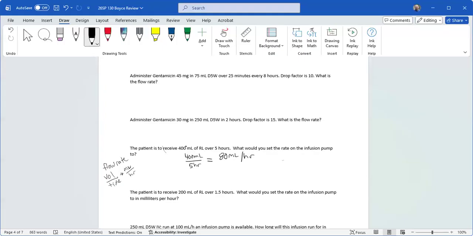So you don't need to calculate per minute. You don't need to make any other conversions. You're not going to have to worry about doing anything with ounces or cups or even solving for how many milliliters to administer. You just want to know what you're programming into the pump so that the patient is going to receive that 400 milliliters over a 5 hour time frame.